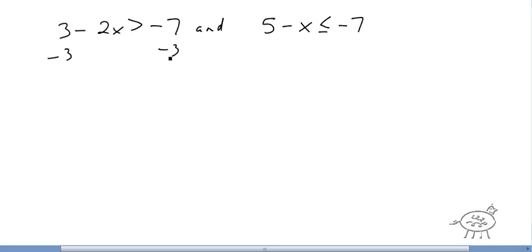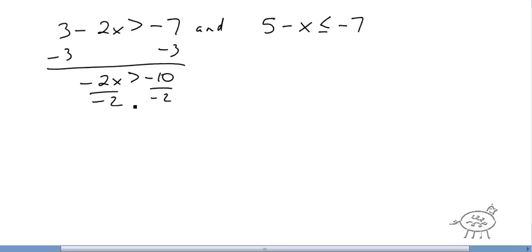We're going to subtract 3 from both sides, and we're going to get negative 2x is greater than negative 10. You divide by negative 2, and make sure when you divide by a negative, because there's a negative right here in front of the variable, we got negative 2 for both sides, make sure you flip that inequality sign around. That is the most important thing with inequalities. So we get x is less than 5.